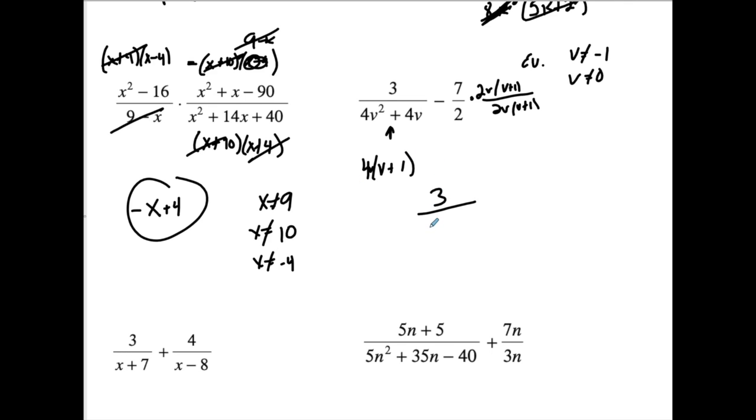So we've got 3 over 4v times v plus 1 minus 14v times v plus 1 over 4v times v plus 1.